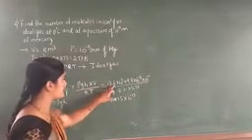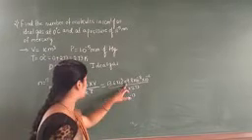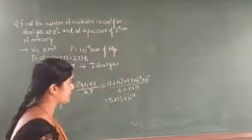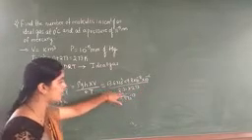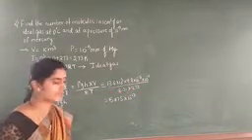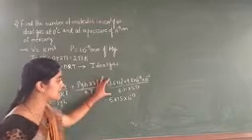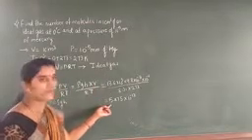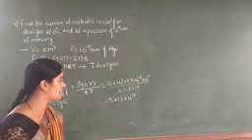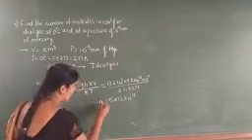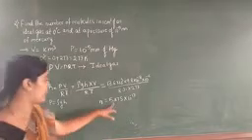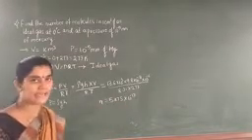Rho is 13.6 into 10 raised to 3, into g 9.8, into 10 raised to minus 8, into 10 raised to minus 6, whole divided by 8.31 into 273. Therefore, the total answer for this we are getting is 5.875 into 10 raised to minus 13. This is the small n. The value of n is 5.875 into 10 raised to minus 13.